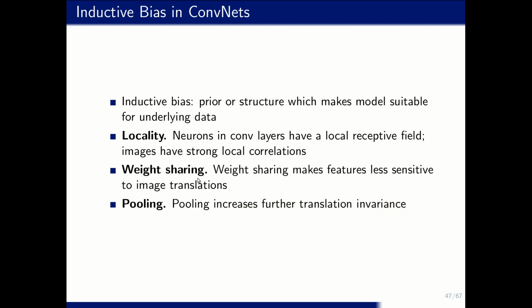So because neurons in the same feature map share the same weights, we can be sure that if we slide the window, we are still detecting similar features, but just translated. And if we apply pooling, we're increasing translation invariance, which is good because if we shift an image, we would not expect that it changes, for example, its class. So therefore, ConvNets have a pretty good inductive bias for images and signals in general.